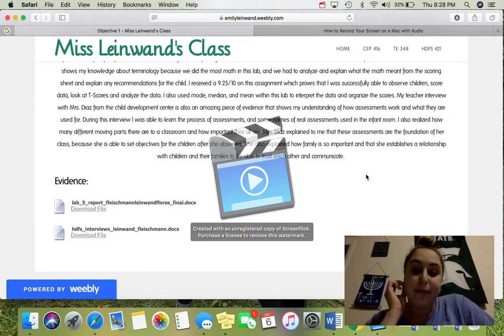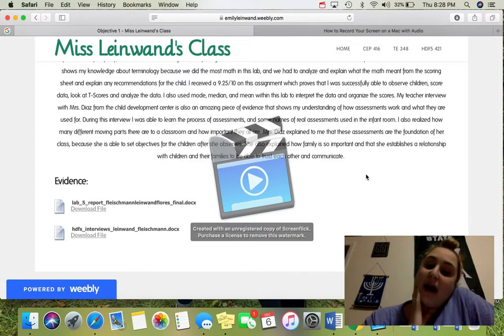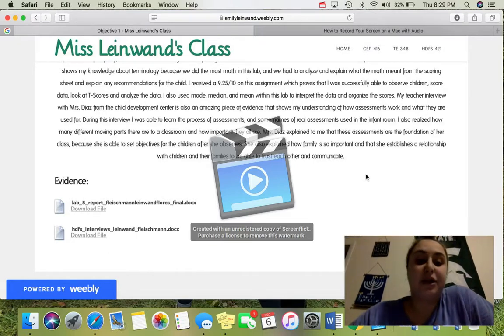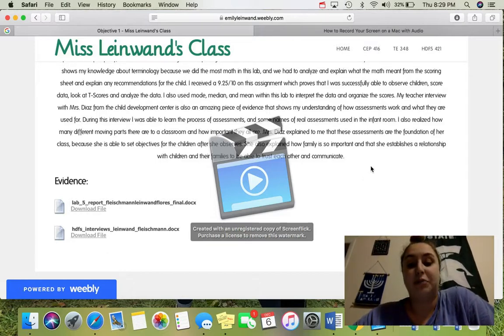It also opened my eyes to realize how time consuming this is. Miss Diaz explained to me that these assessments are the foundation of her class because she's able to set the objectives for the children after she observes. And she explained how family is so important in this process, because she establishes a relationship with children and their families at the beginning, to be able to trust each other.